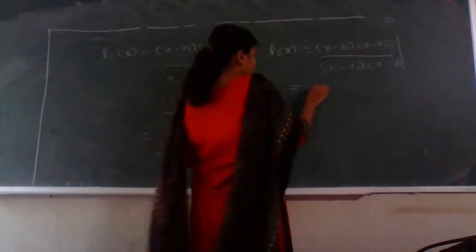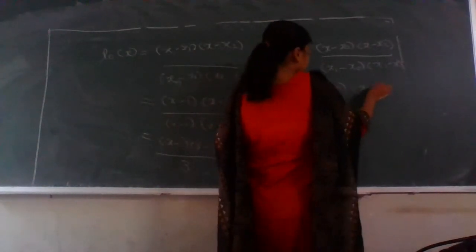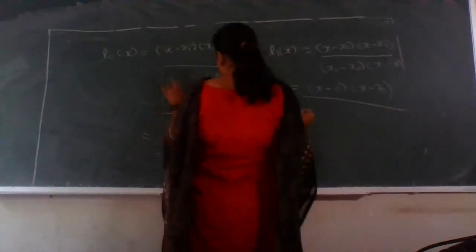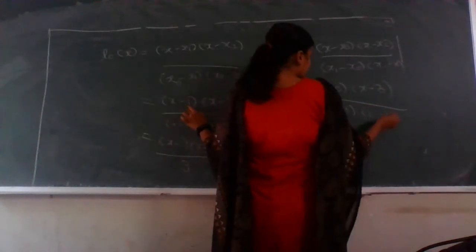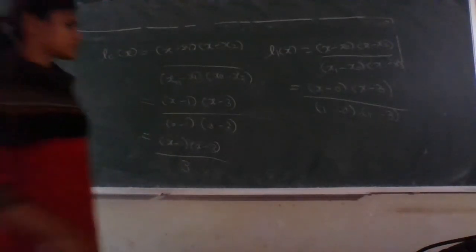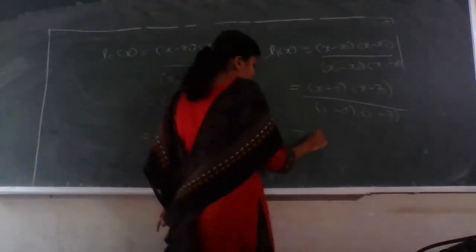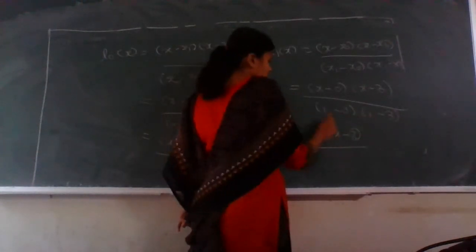Now x0 is 0, x2 is 3 and x1 is 1, so 1 minus 0 and 1 minus 3, with x minus 0 and x minus 3 in the numerator.